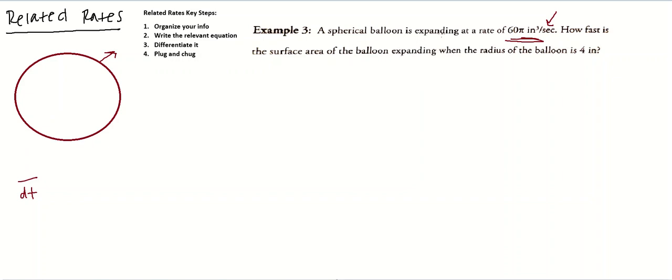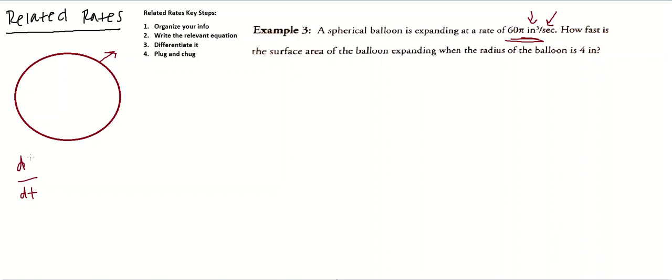Well, it says that the balloon is expanding at a rate of 60 pi inches cubed. So this is your key to figure out what physical quantity is expanding. Inches cubed. If we cube our units, that means we are dealing with volume. And if we're dealing with area, then we square them. So we immediately know that when they say this balloon is expanding, they're talking about a rate of change of volume because of the units that they used.